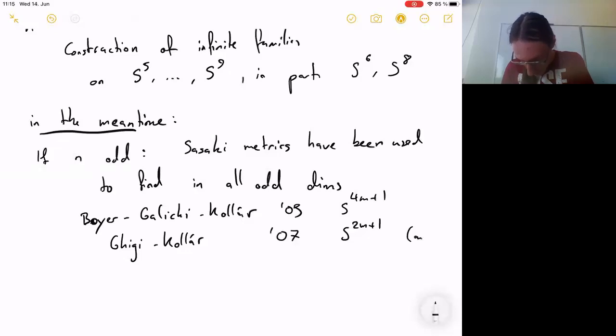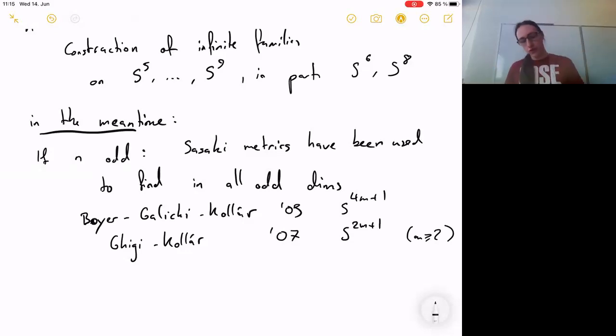Of course, S3 doesn't work, so. Yeah, many of these metrics, they even found some admitting continuous deformations. These come in large families. In odd dimensions, there's many and more non-trivial Einstein metrics on every odd dimensional sphere above S3.